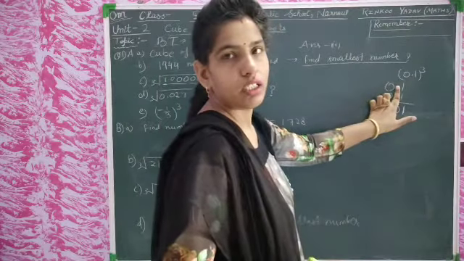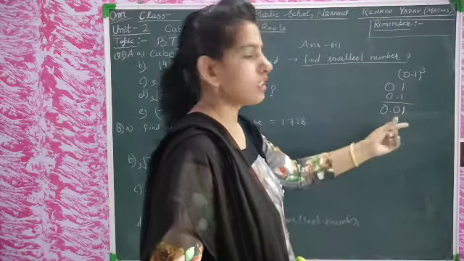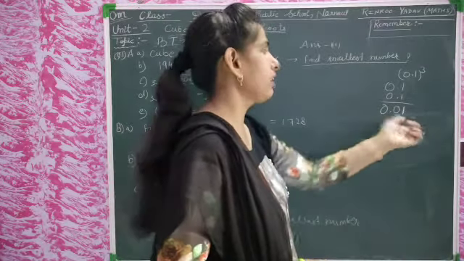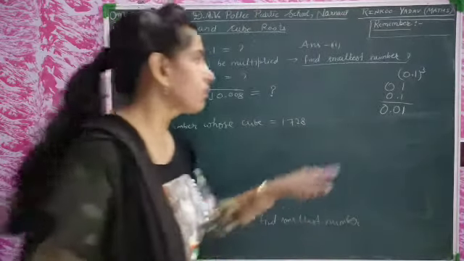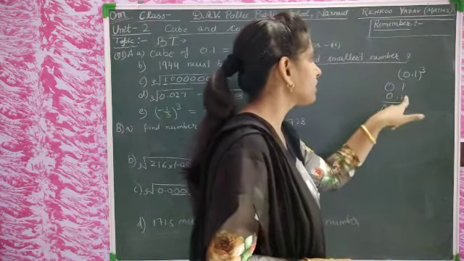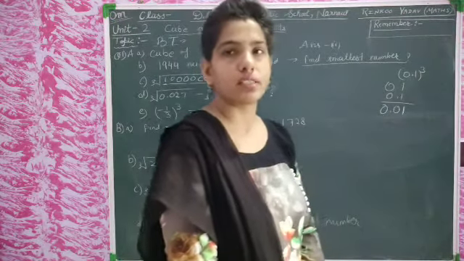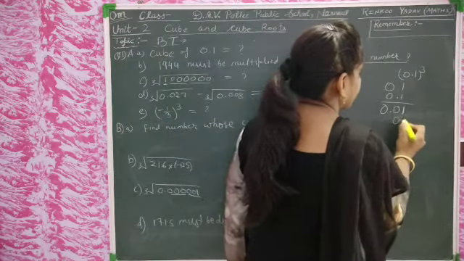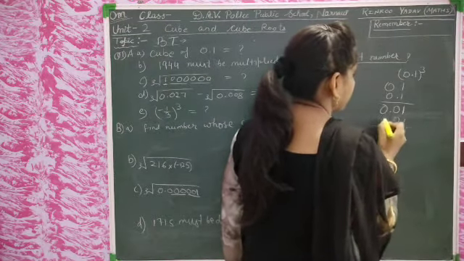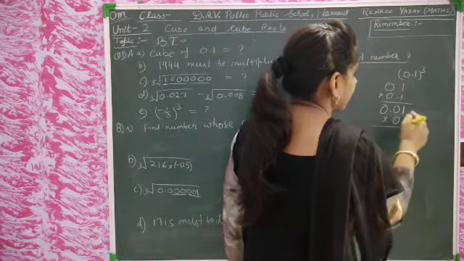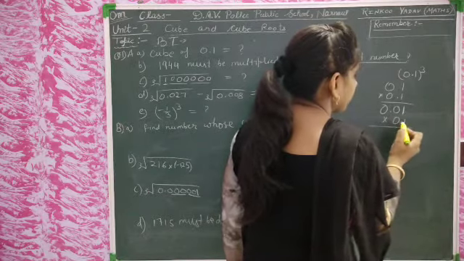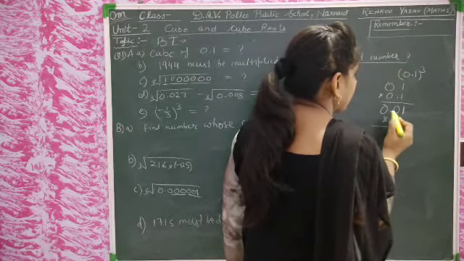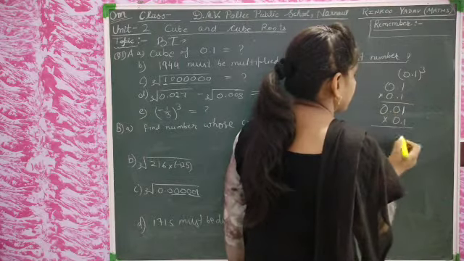Ignoring the decimal and then multiplying these numbers, we will get this, and then we will put the decimal before as many digits as there are after the decimal. Now we will take the next one. We will multiply it again, so how many digits are there after the decimal? 1, 2, 3. 3 digits.